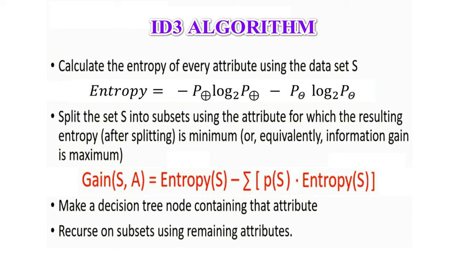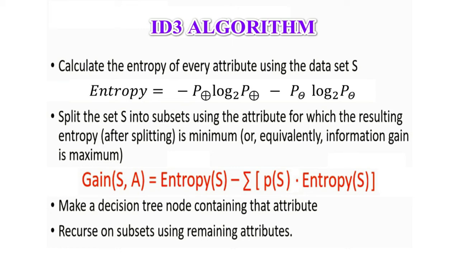Split the data set S into subsets using the attribute for which the resulting entropy is minimum, or equivalently, the information gain is maximum.